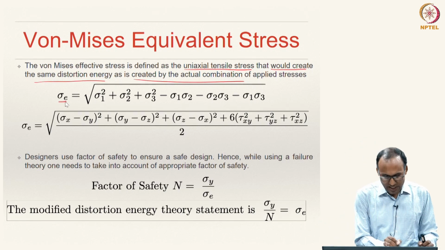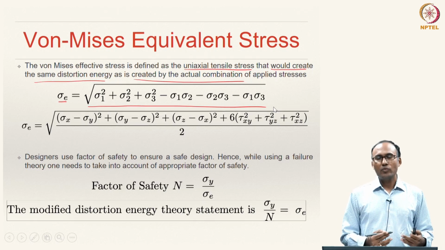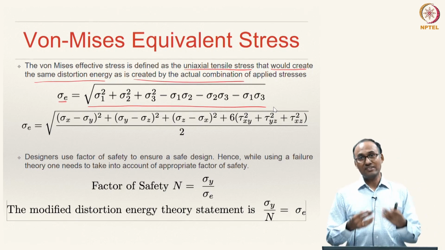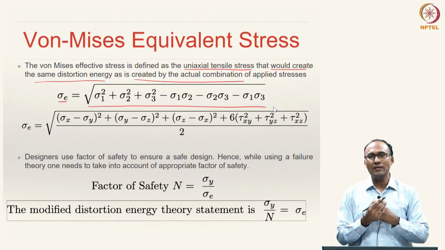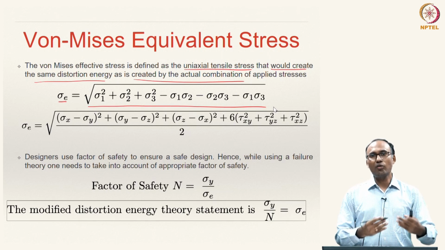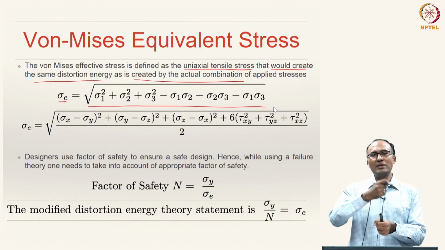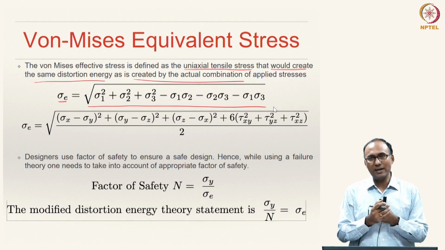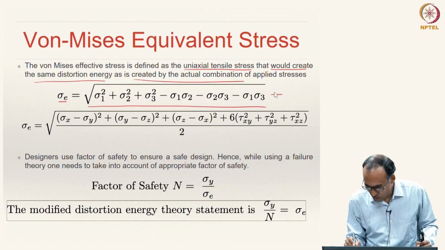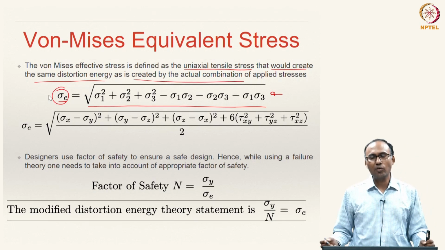If you write sigma E equal to the square root of this expression, that is basically what we are saying: this is the equivalent stress, even though you have a combined state of stress, right. This is equivalent to a one dimensional case: if you are doing a uniaxial tension test, what stress would you apply in order to have the same amount of distortion energy as this combined state of stress? That will be this. That is what we call equivalent stress.